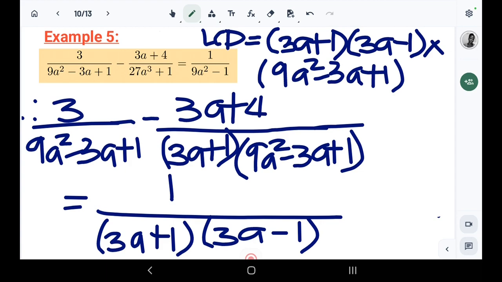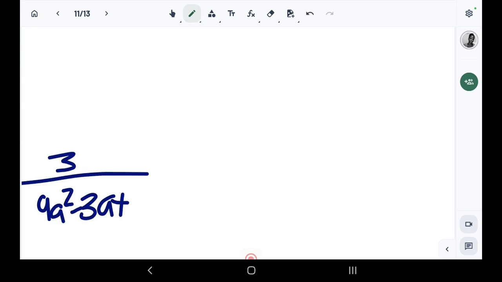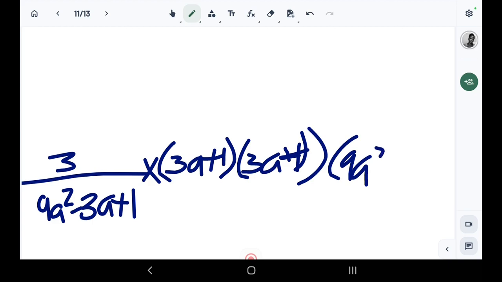So let's start. The first one is 3 over 9a squared minus 3a plus 1. Let's multiply that by the lowest common denominator: 3 over 9a squared minus 3a plus 1 multiplied by 3a plus 1 times 3a minus 1 times 9a squared minus 3a plus 1.